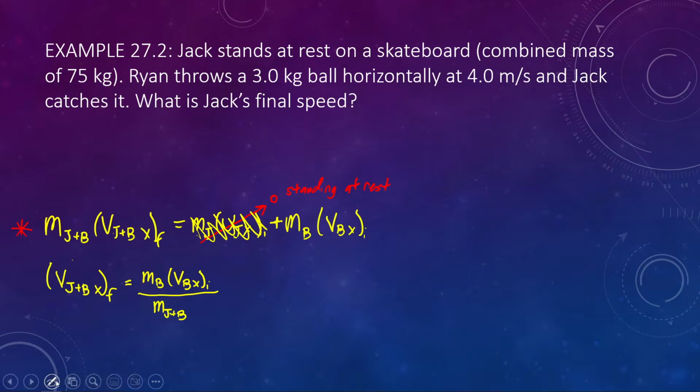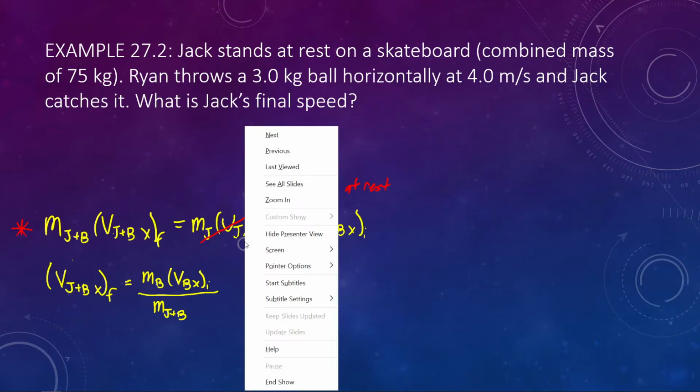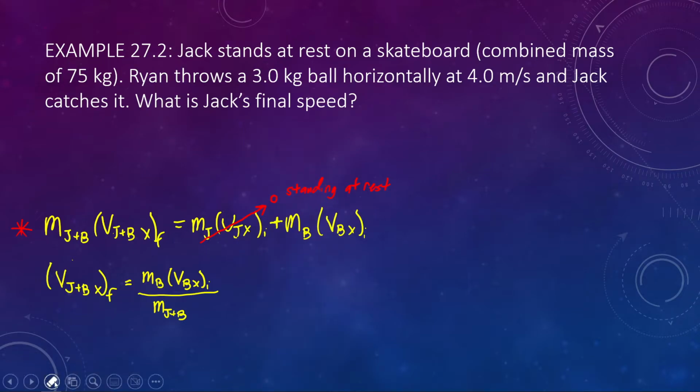Okay, I'm going to get rid of my scribbles just to make it more clear. We are now ready to solve this problem. We just have to plug in our numbers. Mass of the ball is 3 kilograms. The velocity of the ball initially was 4 meters per second.